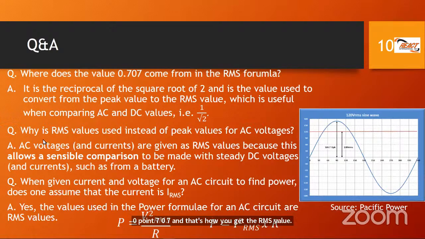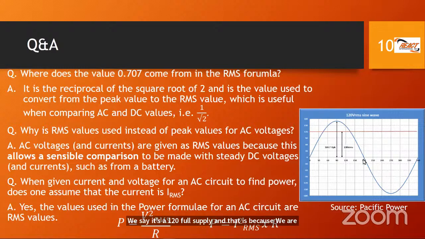Again, we did deal with this, but a question is, why do you use RMS values instead of peak values for AC voltages? For example, in Trinidad and Tobago, we say you have a 120 volt supply. That's 120 volts RMS, but the peak of that voltage supply is 169.7 volts. We don't say we have a 170 volt supply. We say it's a 120 volt supply, and that is because we are using the RMS value. Why RMS?